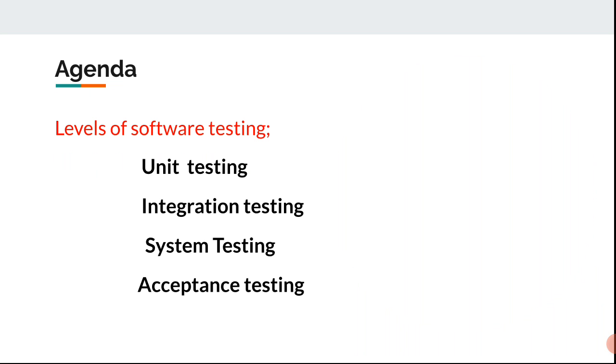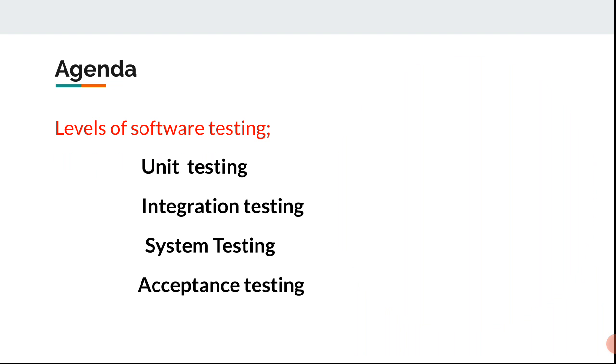Levels of software testing means that we test the software on different levels. First the unit testing is performed, then the integration testing, then the system testing, and after that we have the acceptance testing. After the acceptance testing, the software or the product is installed in the user environment.